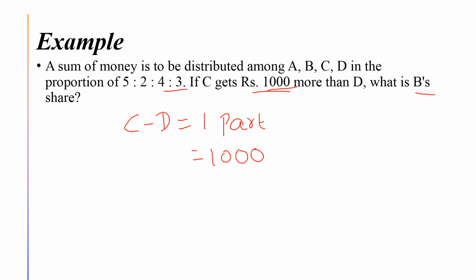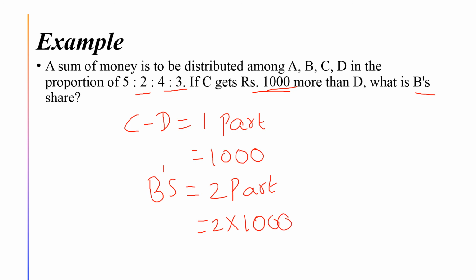See the ratio of B here. B's share is 2 parts. That is 2 multiplied by 1000, which gives you 2000. This is the share of B.